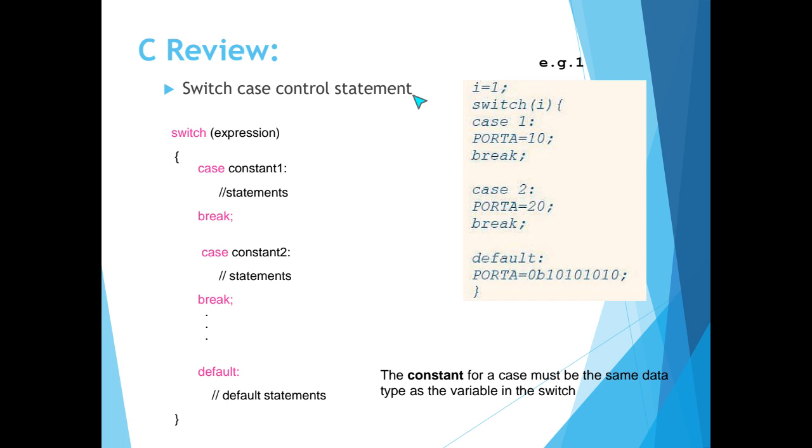Switch case control statement. The syntax is given here. Switch, inside the parentheses, expression, and the curly braces, case constant 1, the body, and then break, semicolon, case constant 2, colon.